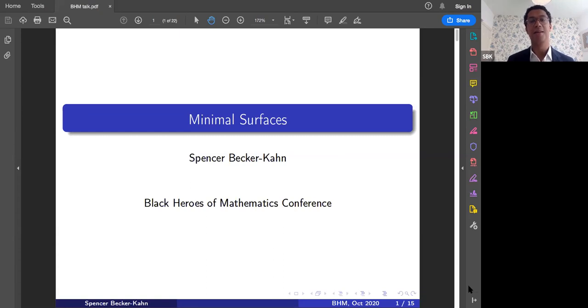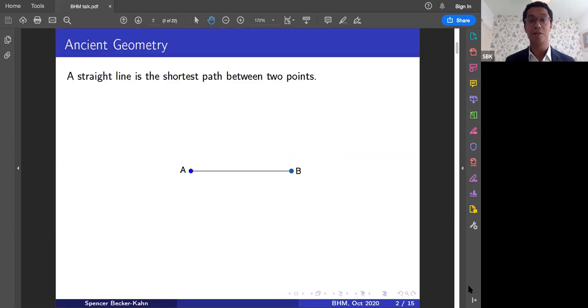Okay, so we're going to start with an almost ludicrously basic geometric observation, that a straight line is the shortest path between 2 points.